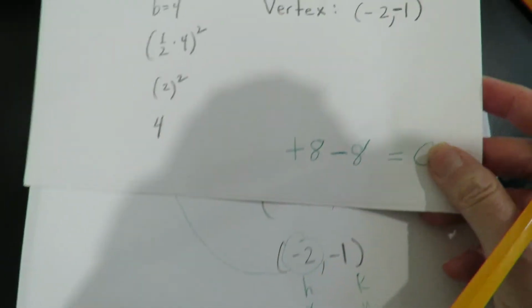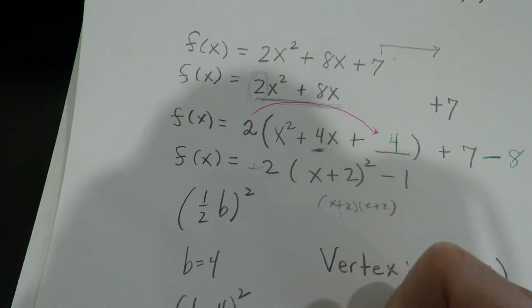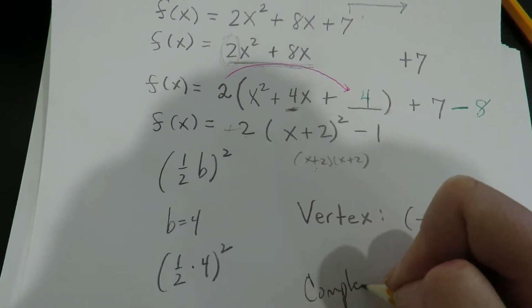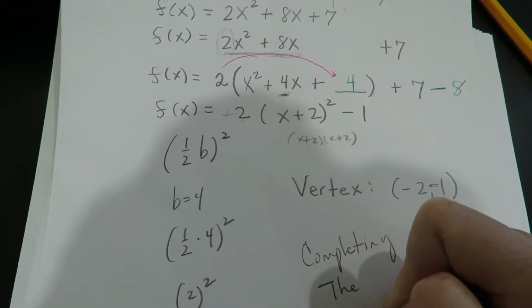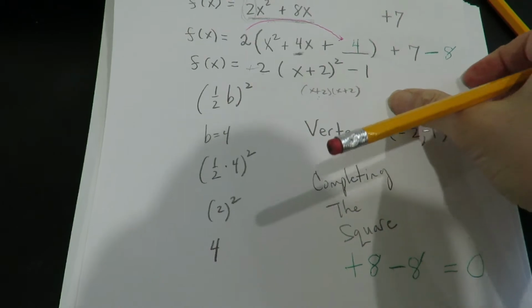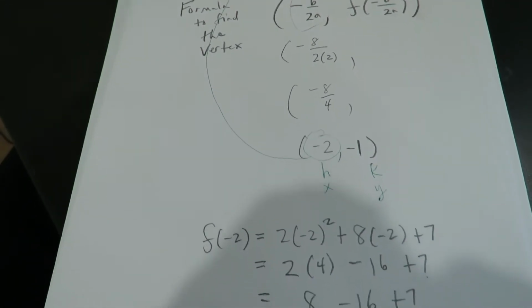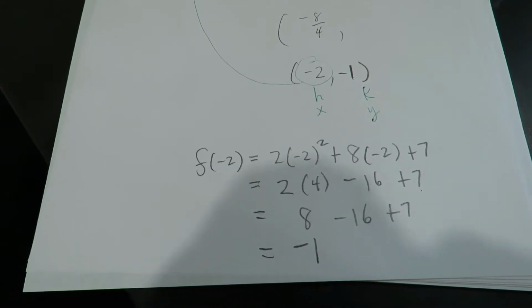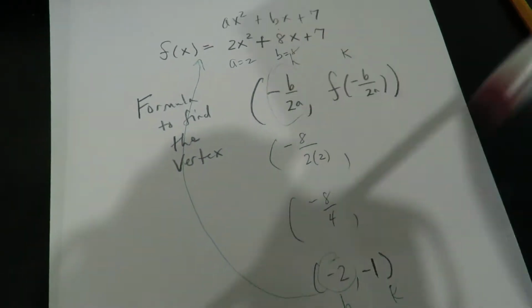And if you notice, that is what we got by completing the square. So this first method, we found the vertex by completing the square. Where this second method is by using the formula to find the vertex.